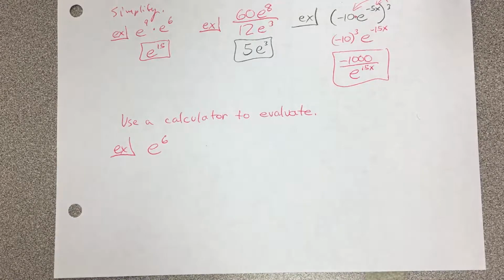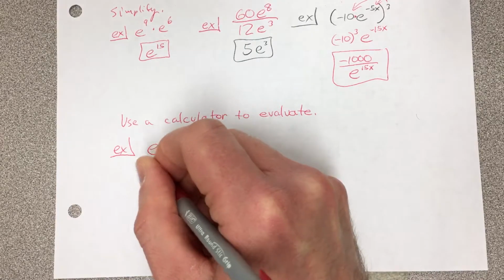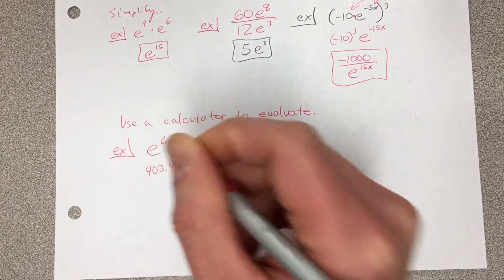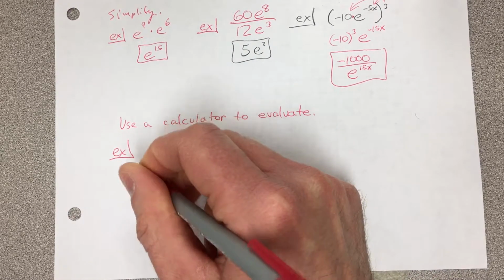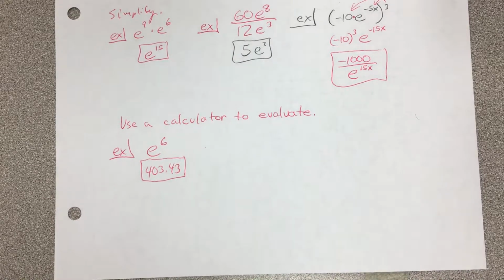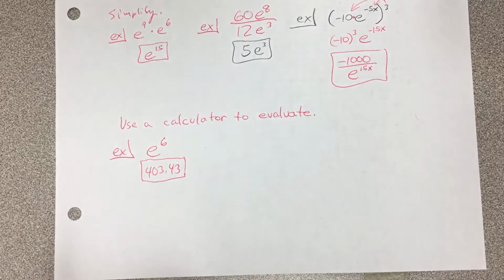Well, you'll grab your calculator. On my calculator, I'll do second and then get the e to the x button. And then I'll put a 6 in, and I get 403.43. We'll round it to the nearest hundredth. If you're not getting that, try it a different way. If you're still not getting it, please talk to me tomorrow in class.